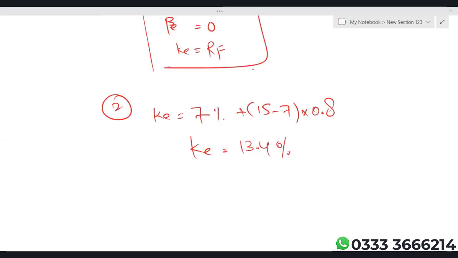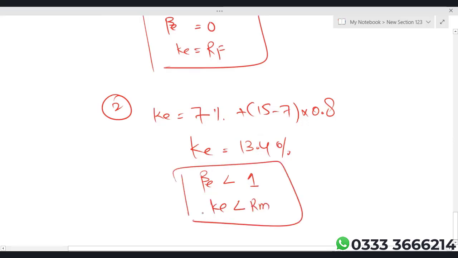Okay, now listen. Second finding: whenever equity beta is less than 1, your K will be less than RM. Equity beta less than 1 means your investment is less risky than the market. When my investment is less risky than the market, then I will demand a return which is lower than the market.